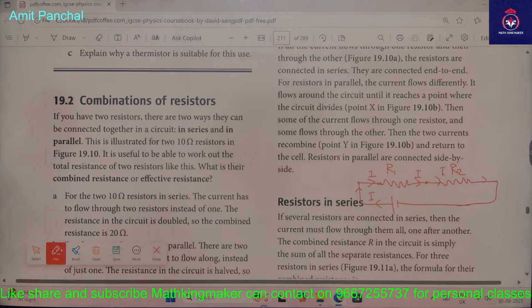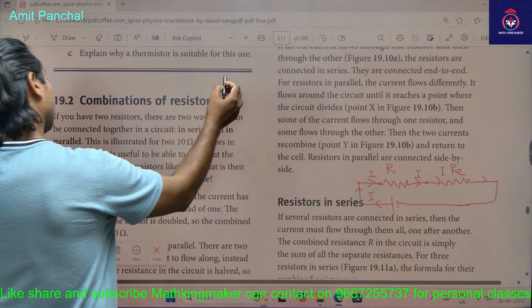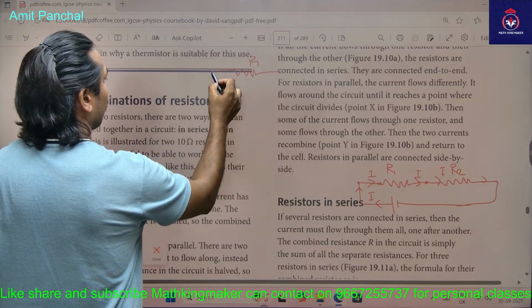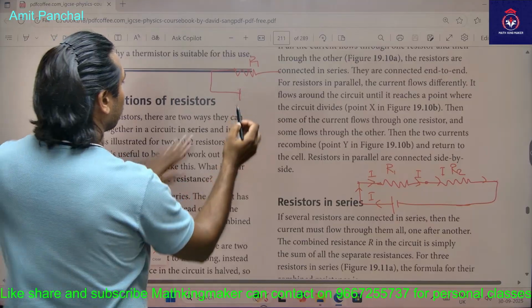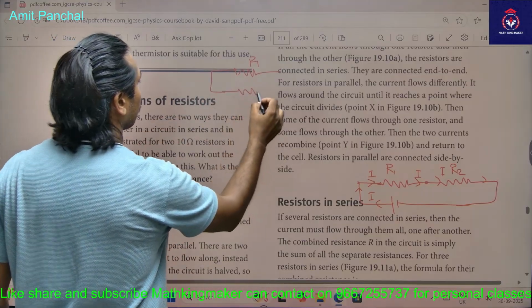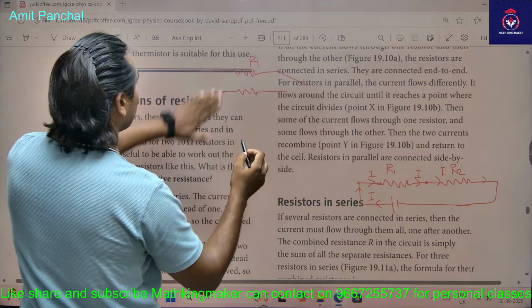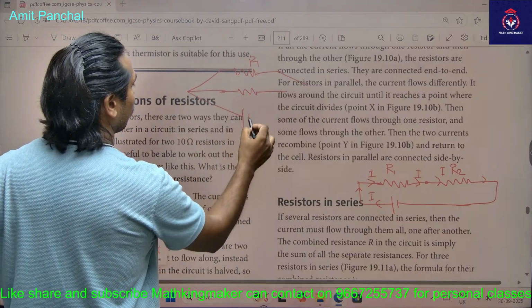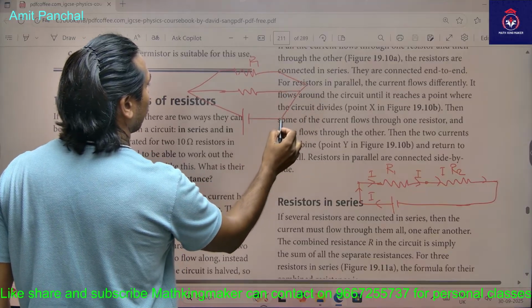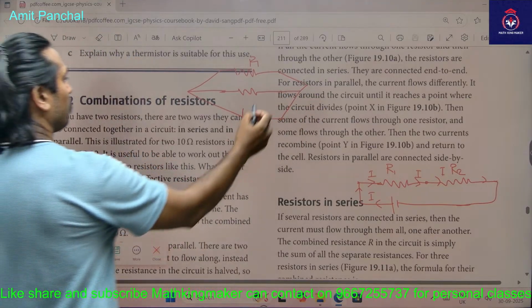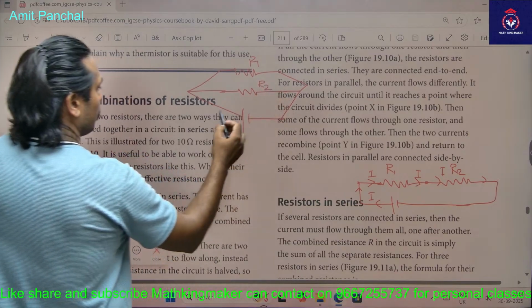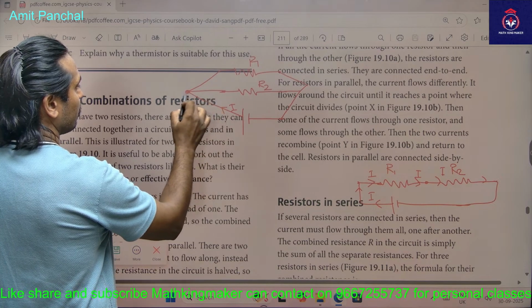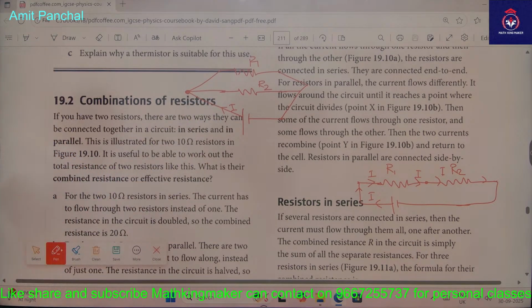Yes, sir. Okay, and another combination we can use, like it is a resistance R1, another resistance is R2. Okay, and this is your battery. That's parallel, right, sir? Yeah, so it is said to be the parallel. Why is it parallel? Because current I is flowing from the battery. So at this node, current is divided.